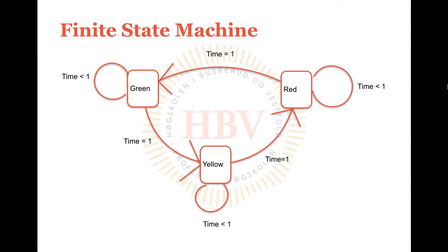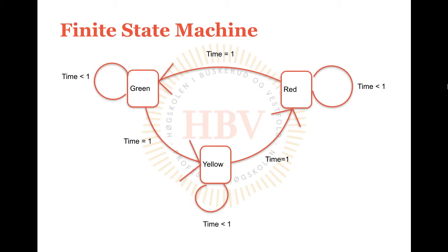Here I have drawn a picture that will hopefully make you understand a little clearer. This has three states, green, red and yellow, and as you can see they are all affected by the time and they only go certain ways. As you can see, green cannot go back to red, it has to go through yellow first. If we start in the green state, it has to stay in the green state until the time is 1.